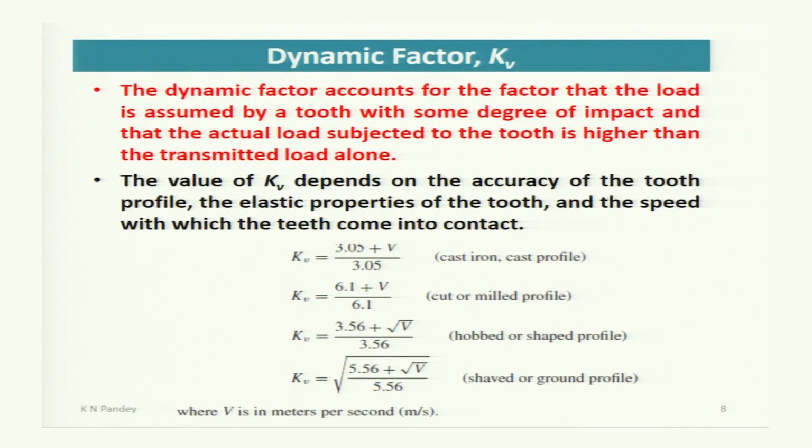The meaning is, while deriving the Lewis bending equation, it was assumed that the load is static, but it is not static. There will be some impact, and the gear is moving, so the load is dynamic.